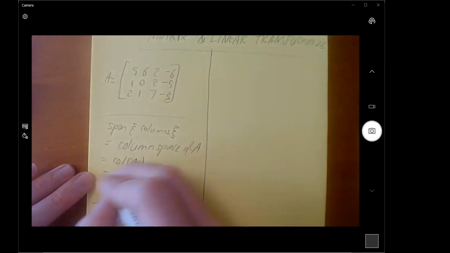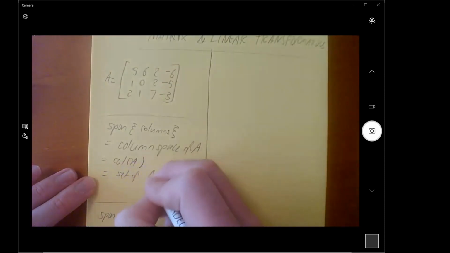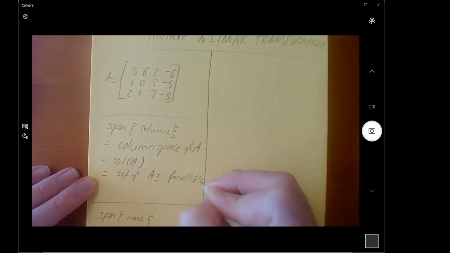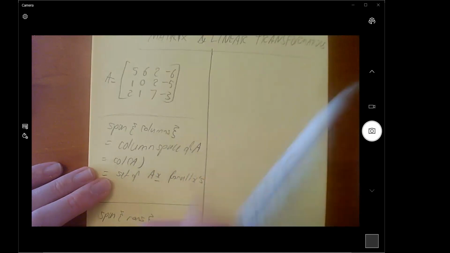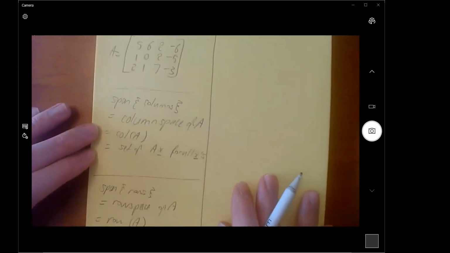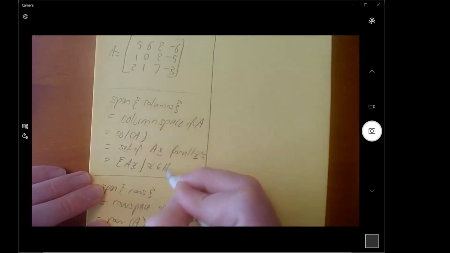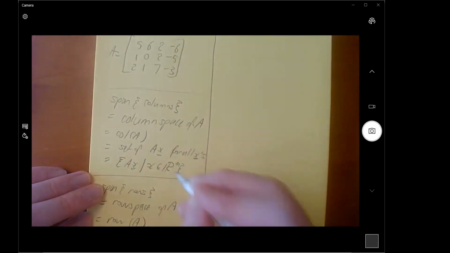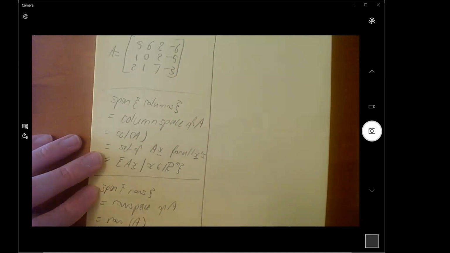And so I can rewrite my column space as the set of Ax for all x's. Which is why in your notes, the column space is written as Ax, such that x is in R whatever. In our case, it's in R4, like that.